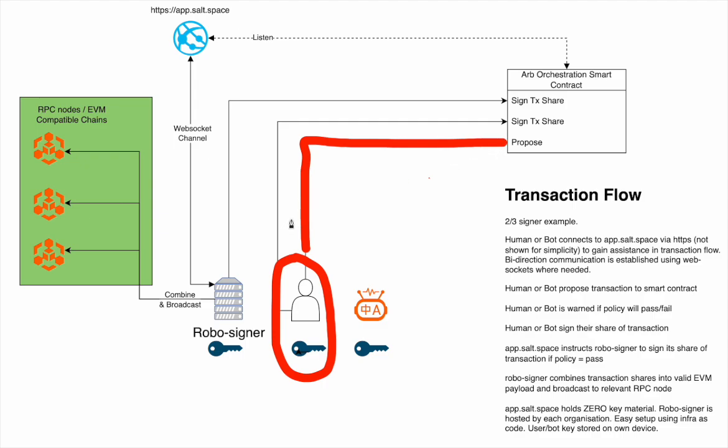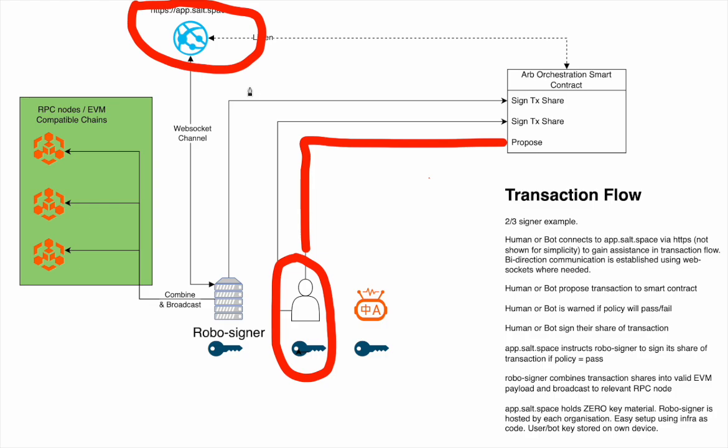Now, app.salt.space up the top here is listening on that smart contract, sees the proposal, policy checks it, checks that it meets all the organisation's risk management guidelines, and they have been set prior, often when the organisation onboarded onto Salt, but they've been set prior.